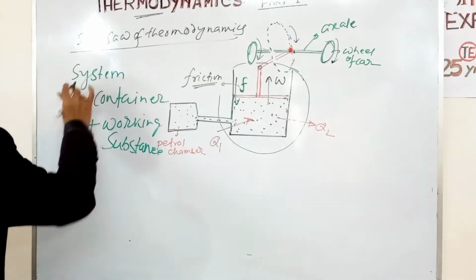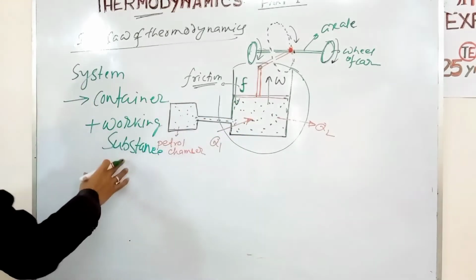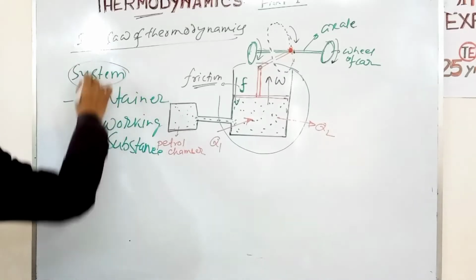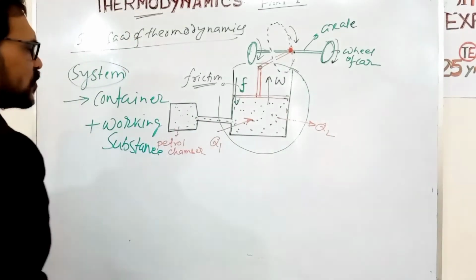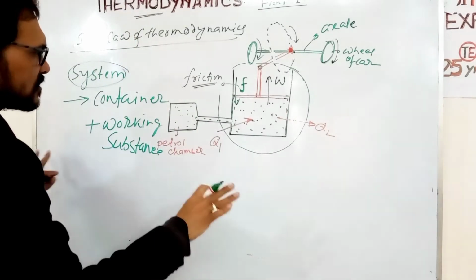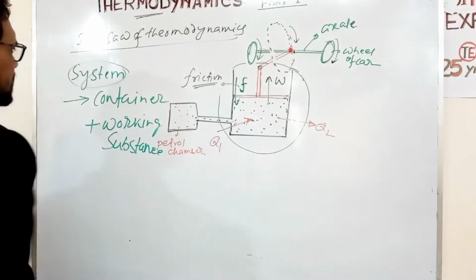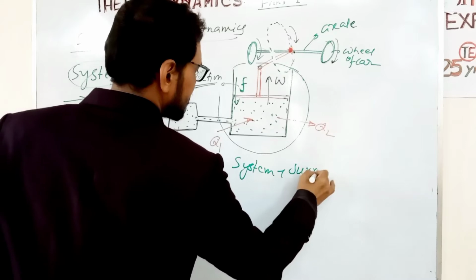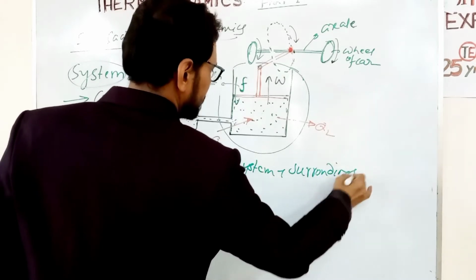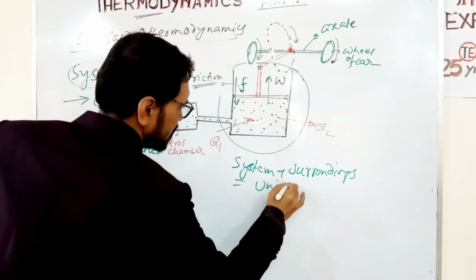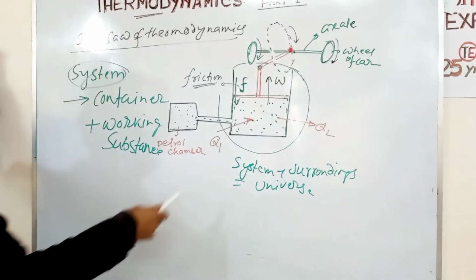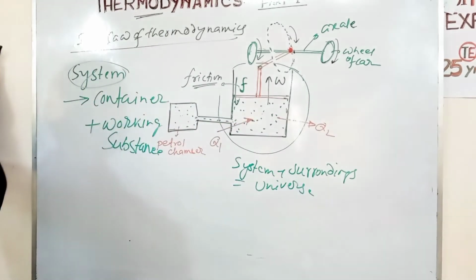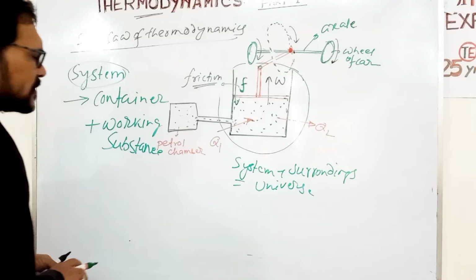So a system means a container plus working substance. Outside the system, the whole universe is system plus surroundings, which we call the universe. So container plus working substance forms the system. Now here some heat is produced.